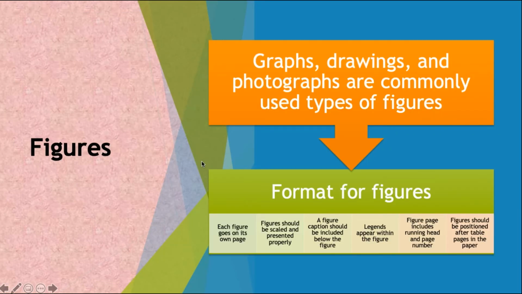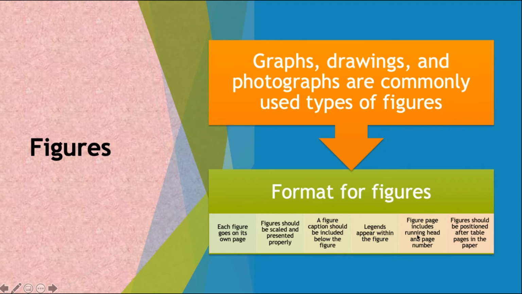So about figures: graphs, drawings, and photographs are commonly used types of figures. For the format of figures, each figure goes on its own page. A figure should be scaled and presented properly. A figure caption should be included below the figure. Legends appear within the figure.